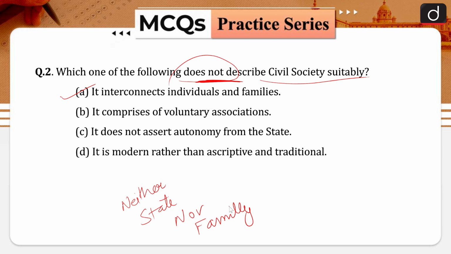Civil societies are modern rather than ascriptive and traditional. They promote democratic regimes, and that is why your option A is the correct answer for this question. Moving forward to the next question of our today's discussion.